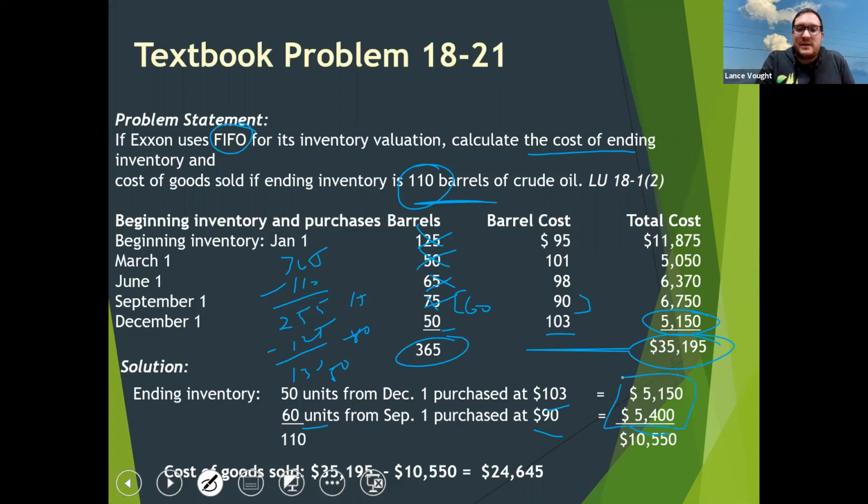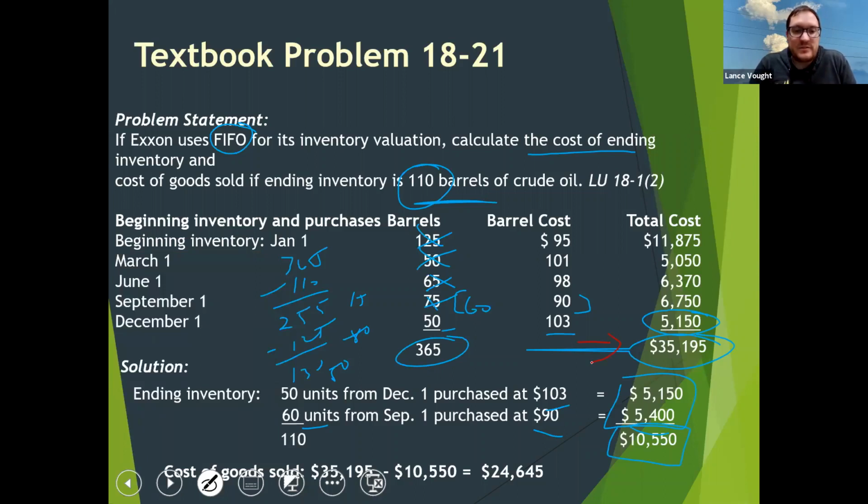So we add that together, and we get $10,550 as our ending inventory cost. If we want to do cost of goods sold, then we subtract that 10,550 from our initial value, which was 35,195.